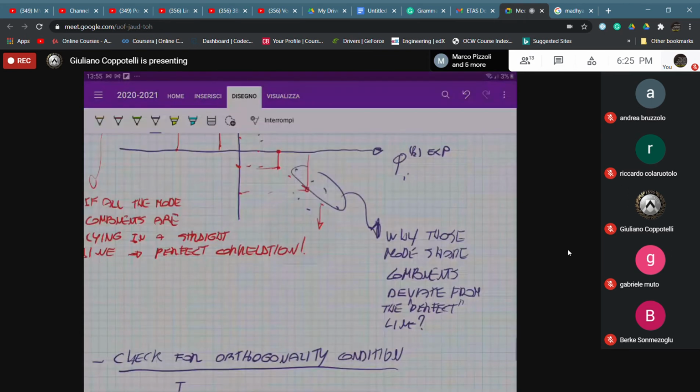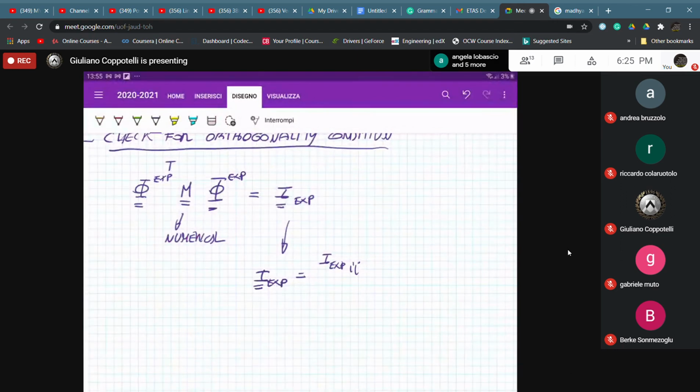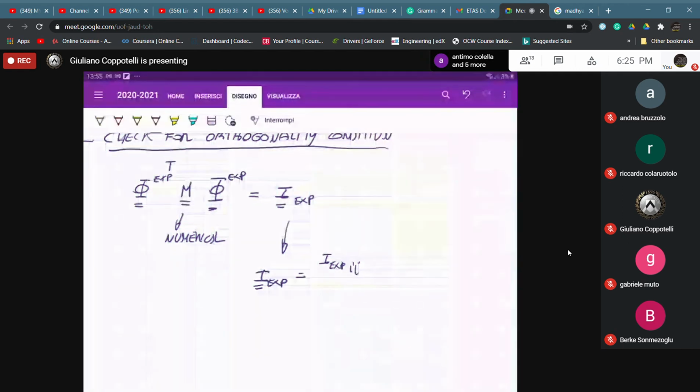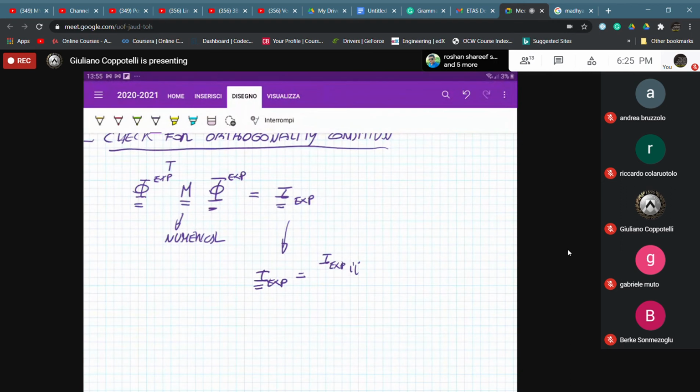So the unitary experimental matrix is a good one if the diagonal terms are larger than 0.95, and not only that, but the off-diagonal terms are less than 0.05. What does it mean?